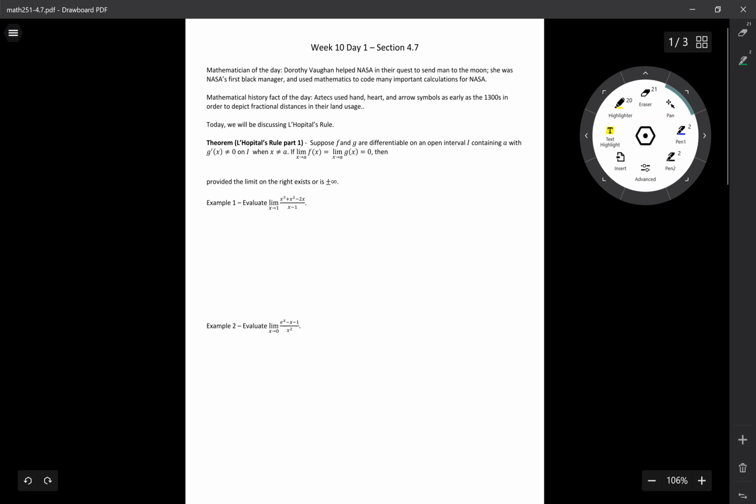The limit as x approaches a of f of x divided by g of x is equal to the limit as x approaches a of f prime of x divided by g prime of x.